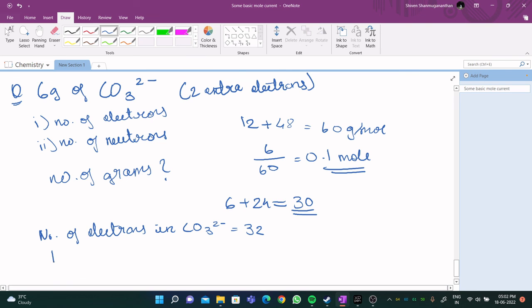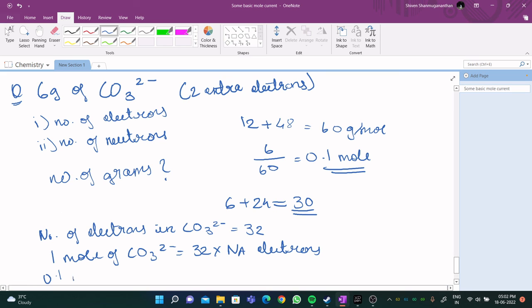Now 1 mole of CO3 2 minus will have 32 into Avogadro's number of electrons. But here, as we saw earlier, we have 0.1 moles.